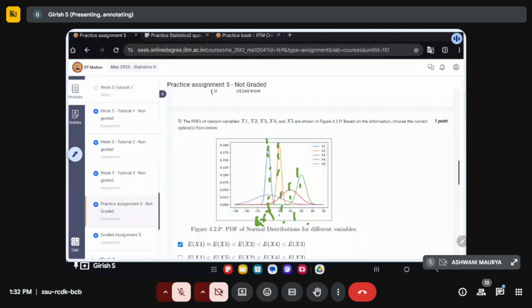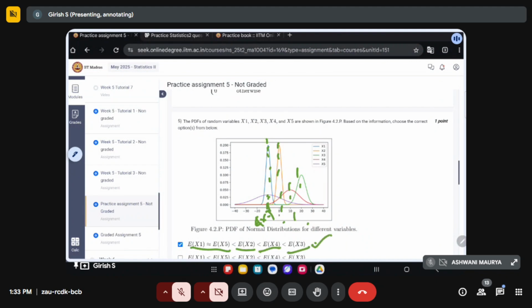If you see this value peaks on the same x, this is your expectation of x, and they both have the same expectation. X1 is equal to x5. And after that, this is x2. After that, this one, this is x4, and this is x3. So this is your answer.